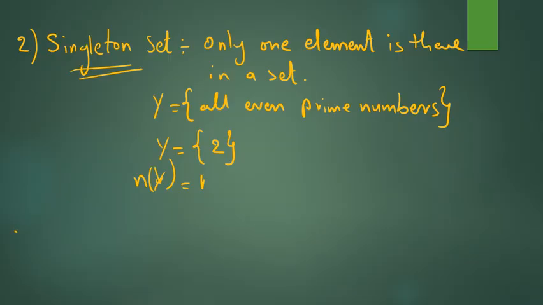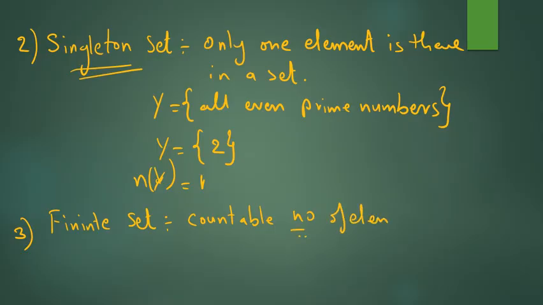Next type of set is the finite set. If we have a countable number of elements. For example, suppose we have any set Z, natural numbers up to 10.